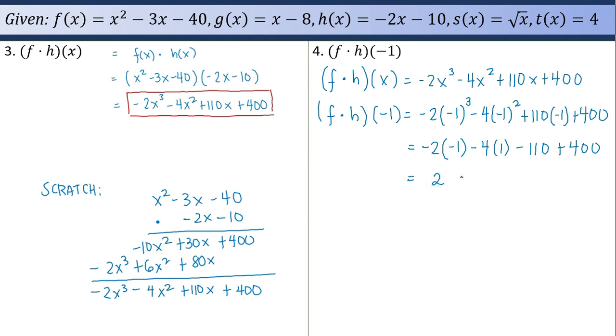Negative 4 times 1 is negative 4. And then copy negative 110 plus 400. So, we have 2 minus 4 minus 110 plus 400. So, we have 288. Okay, therefore, f times h of negative 1 is equal to positive 288.